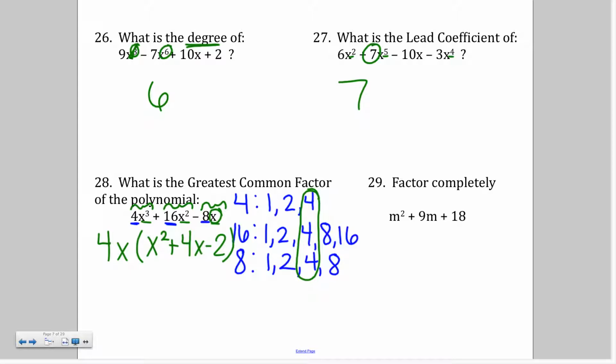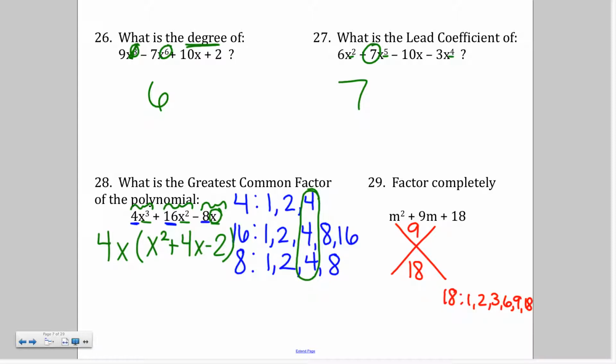All right, number 29 is a trinomial. So since there's 3 terms, we're going to have to do the x method. Now we have to multiply to get 18 and add to get 9. So our factors of 18 are 1, 2, 3, 6, 9, and 18.